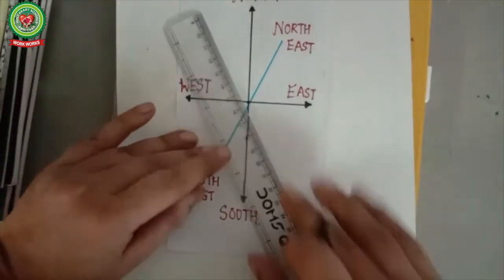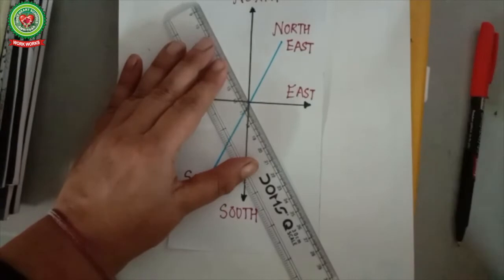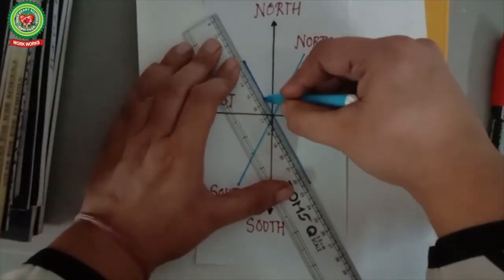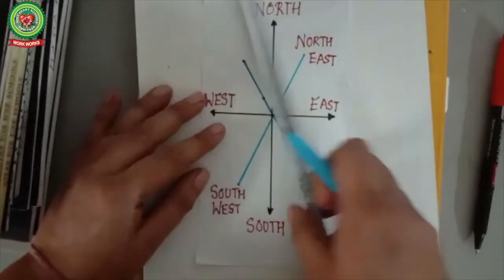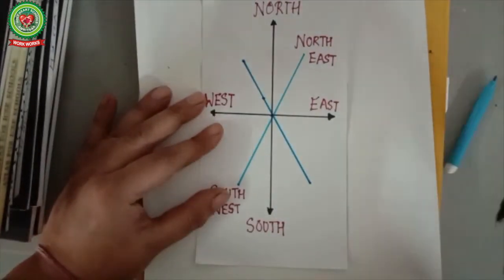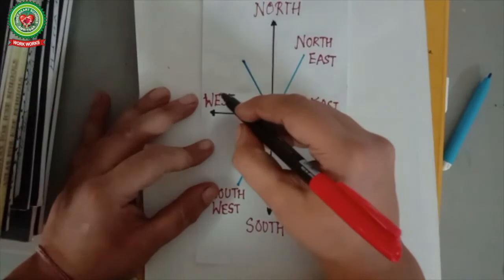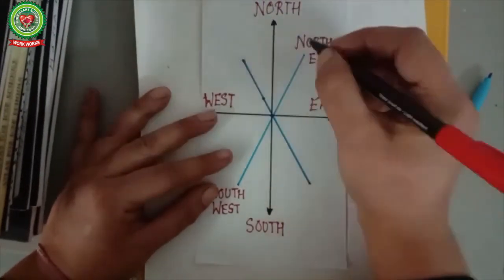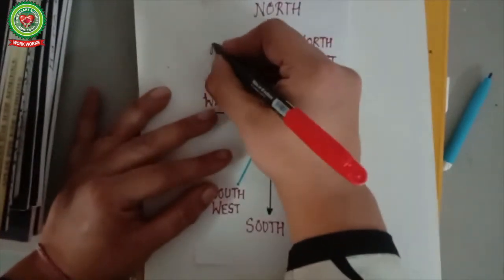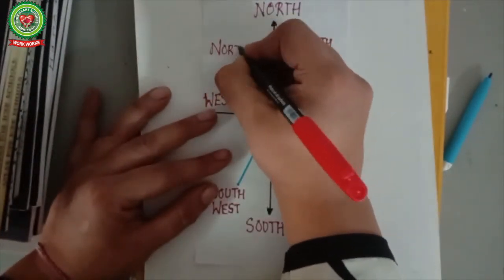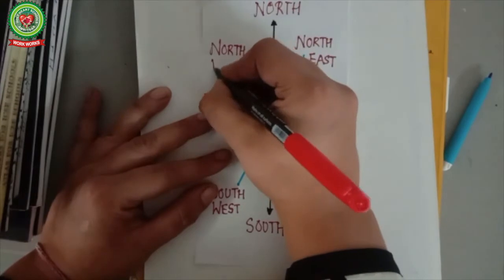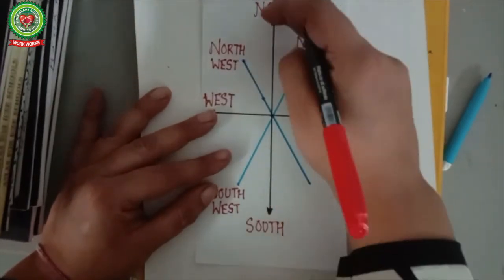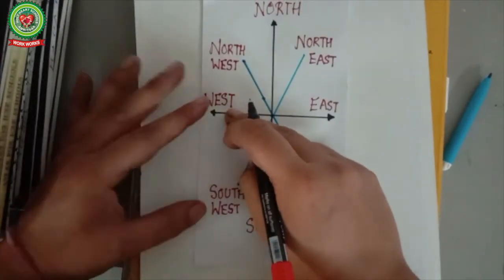Now coming towards this side, again I'll draw a line. Now you can see that here between north and west I have drawn a line. It will be northwest direction, as it lies between north and west.